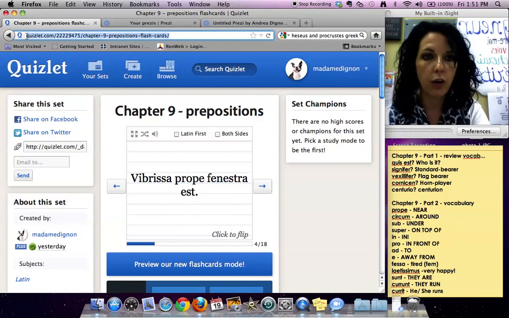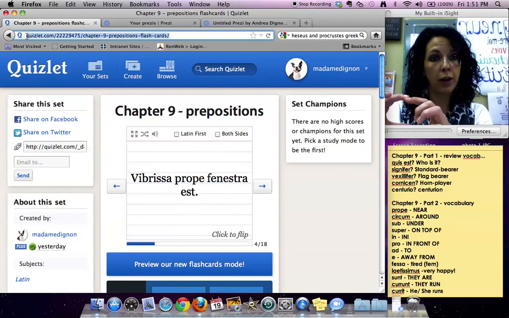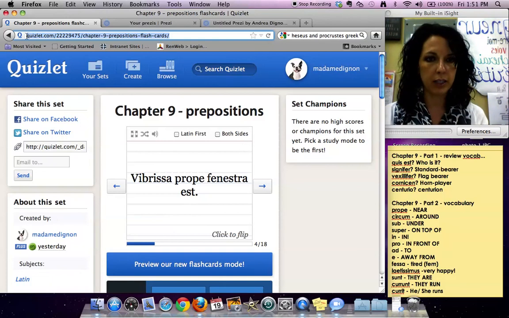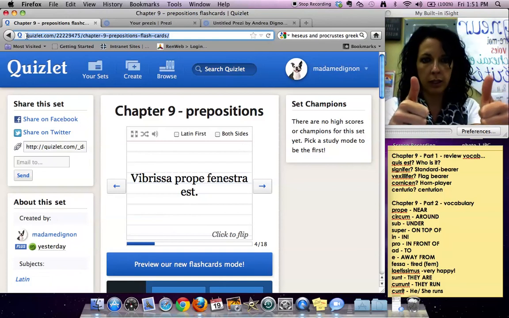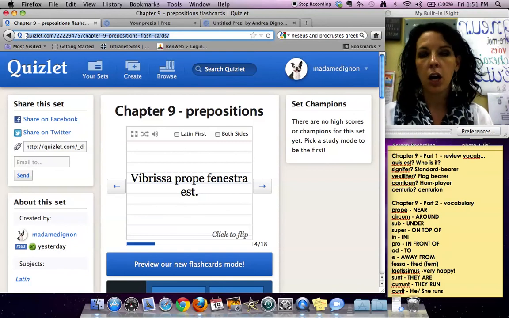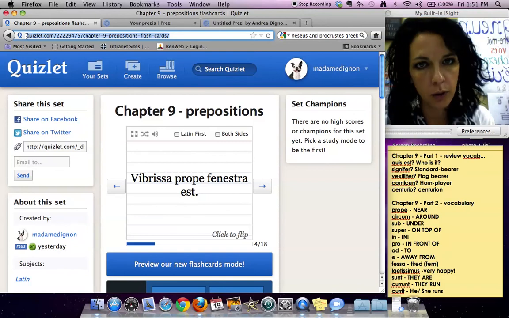Okay? I encourage you to do the learn activity, and you can prompt it with the Latin, which lets you write the English. Perfectly acceptable. Totally okay with that. Or you can just practice and quiz yourself using the flashcards. Go for it. It's so important, okay?